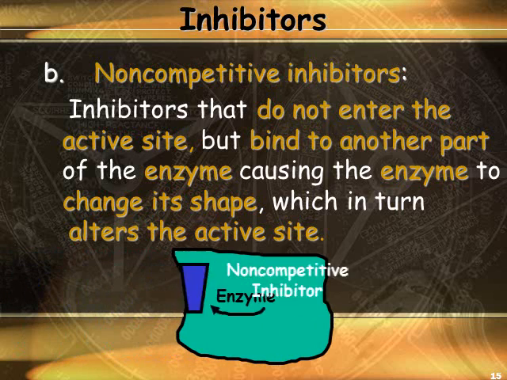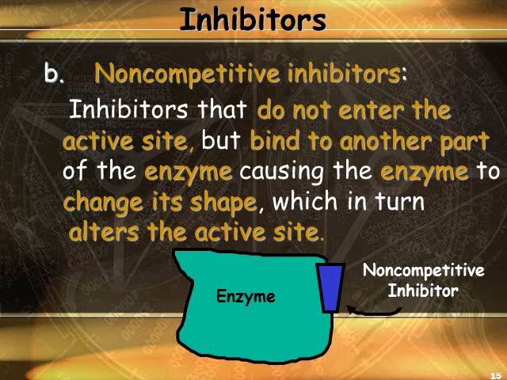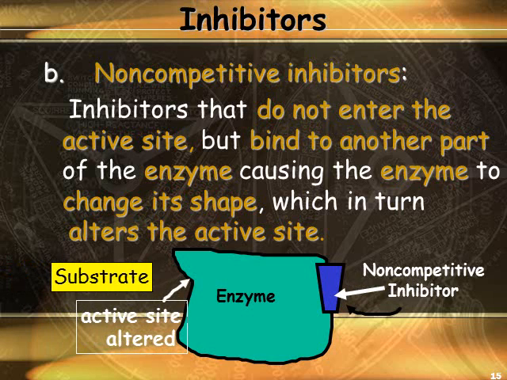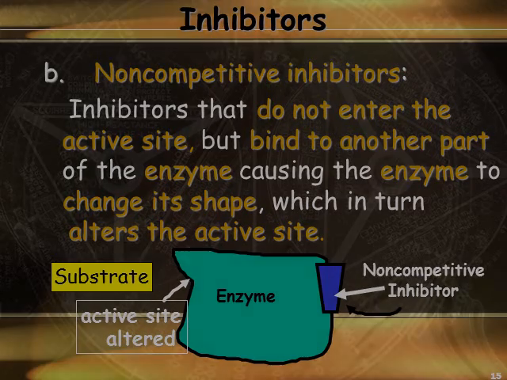So we're seeing here, same green enzyme, there's a non-competitive inhibitor, and our active site is no longer the right shape, and the substrate will not fit in there. So we tend to use non-competitive inhibitors a lot to turn off our own enzymes, but there can be outside inhibitors that are going to turn those enzymes off.